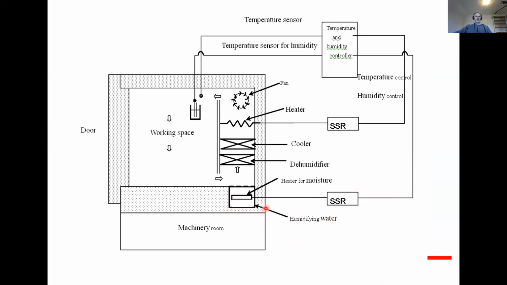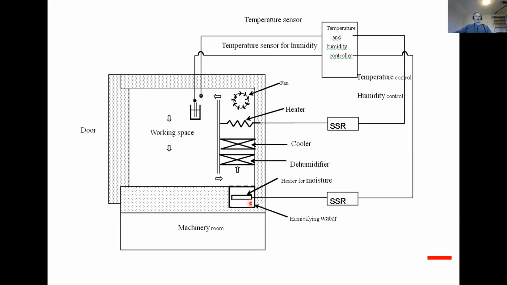So here you have water, which you heat, so you produce a moist fume. And then you have your dehumidifier, cooler, and heater, which you can control. You have the fan, and here you have the temperature and humidity measurement.